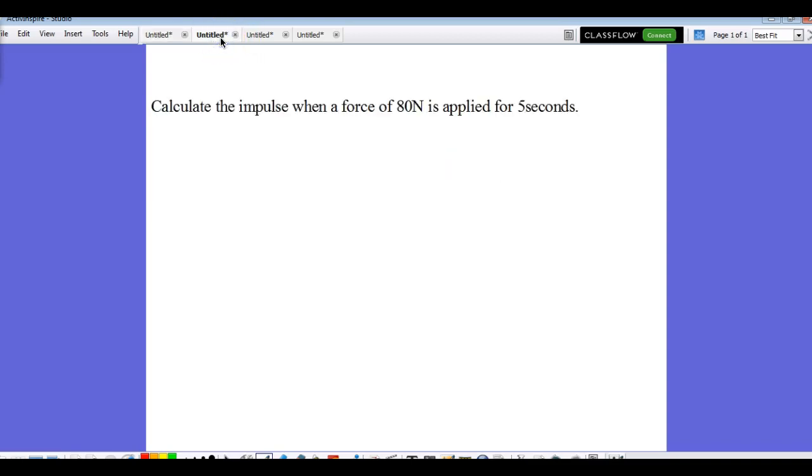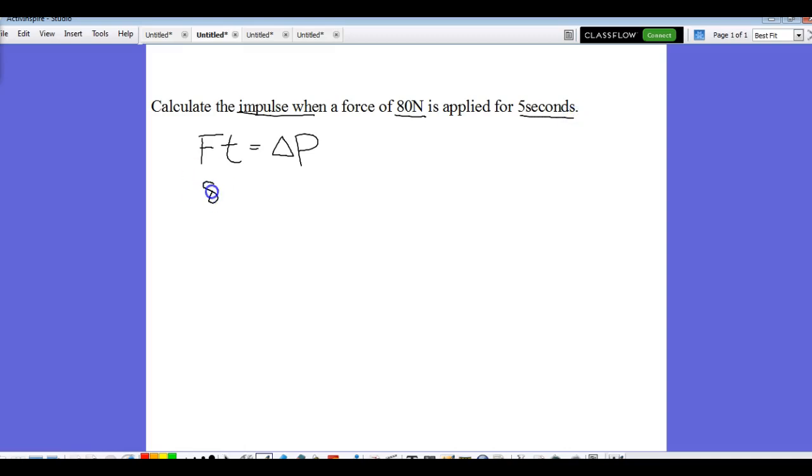Okay, this one says, calculate the impulse when a force of 80 newtons is applied for 5 seconds. So this is really the equation we're going to use. I'm just going to leave it as the change in momentum for this one, because the impulse is the change in momentum. It gives us a force of 80, applied for 5 seconds.